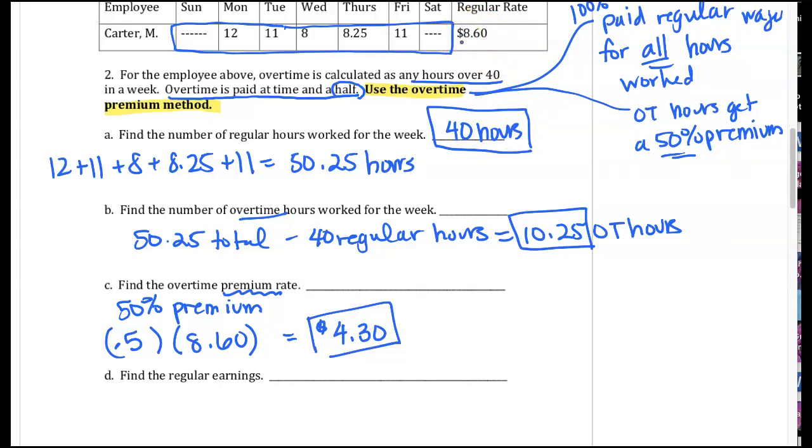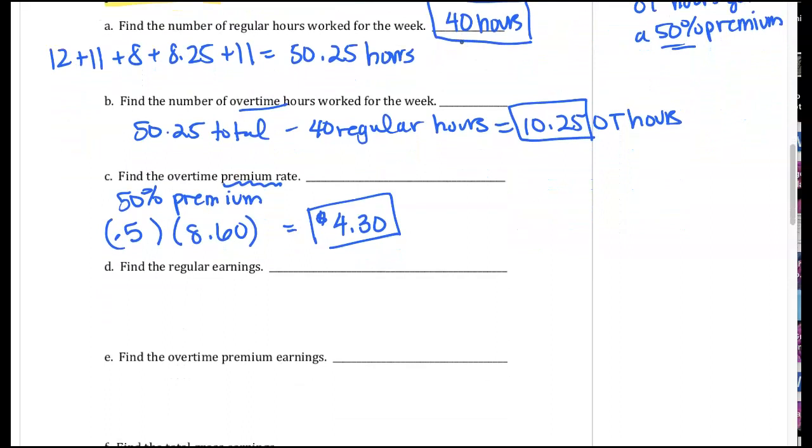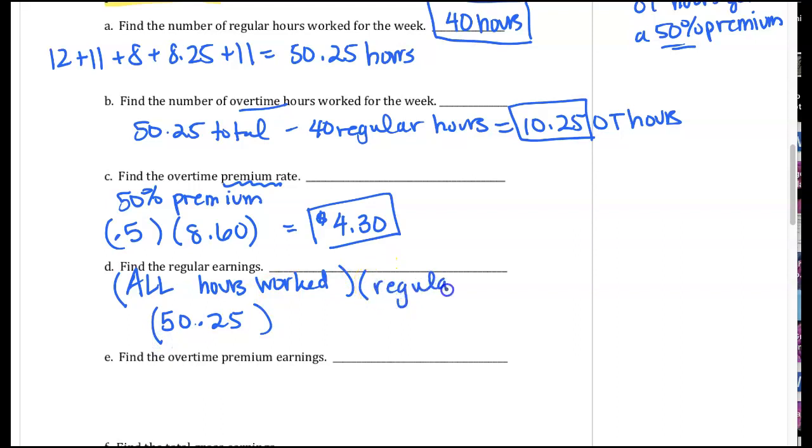Part D and E are also calculated slightly different than what we'd used in question 1. Part D, to find the regular earnings, we're going to take all hours worked. Not just regular hours, but all hours worked. All 50.25 hours worked, and multiply that by the regular rate of pay.